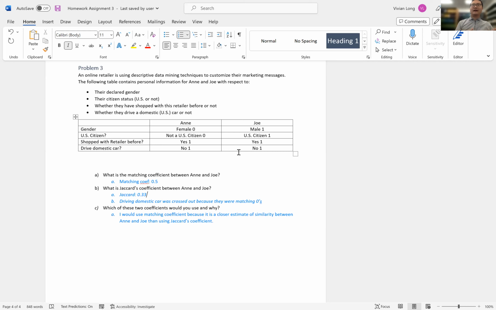Then if the underlying measure we wanted to address using similarity is whether the customers have the same car brand preference, then none of these 2 coefficients measure what we want.